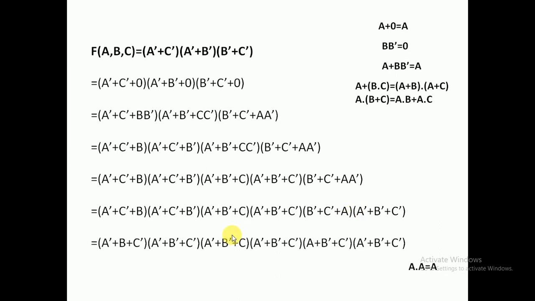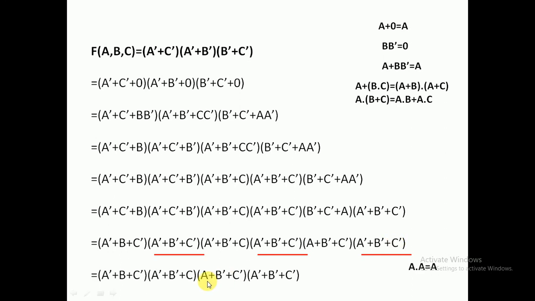Next, in case I forgot to tell you this point: from the SOP format onwards, you must remember, in case terms are repeated in the same way, with all combinations the same in each term, sometimes that could happen, with 2 or 3 terms repeated. See here, a dash plus b dash plus c dash, the same term is repeated somewhere else, and here also. If they are repeated, you write them as a single term.